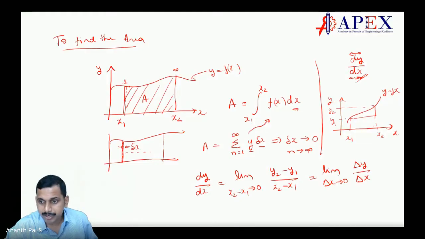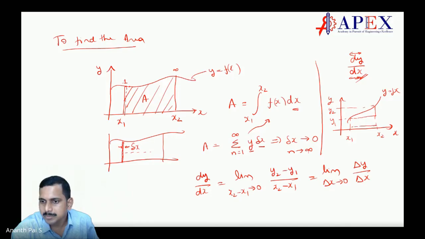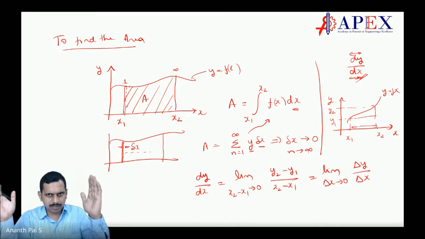And in limits, sir, like in differentiation, x2 minus x1 tends to 0 means this becomes very, very small. So what is happening? We are coming nearer and nearer.